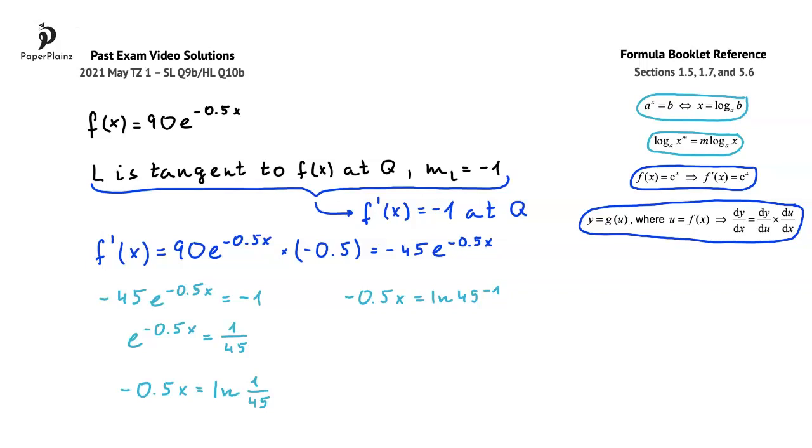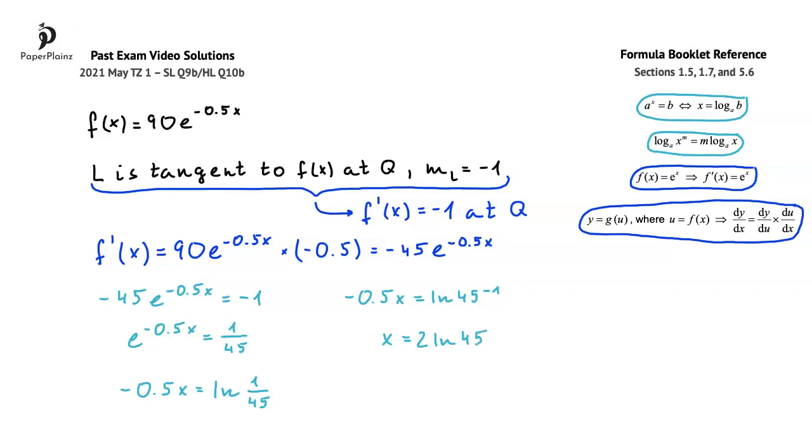This law tells us that we can take the power out from the logarithm and put it in front of the logarithm, which gives us that -0.5x is equal to -ln 45. From here, we just have to divide by -0.5 on both sides, which is the same as multiplying by -2. So we get that x is equal to 2 ln 45.